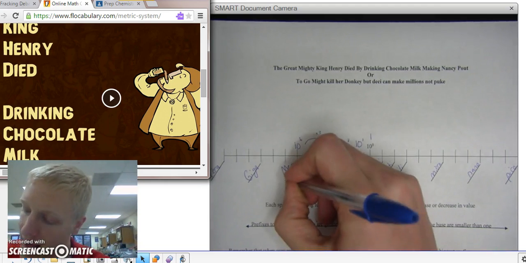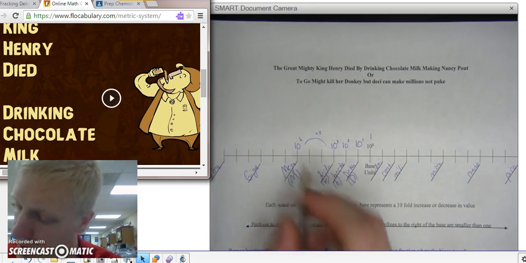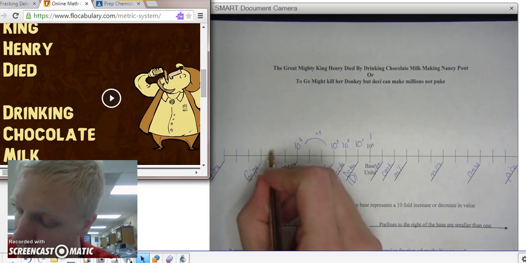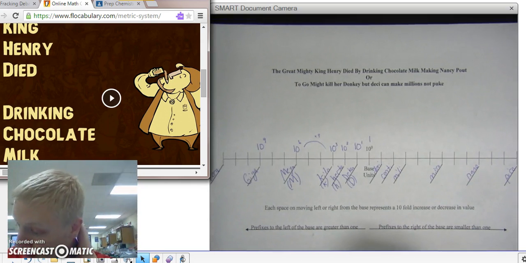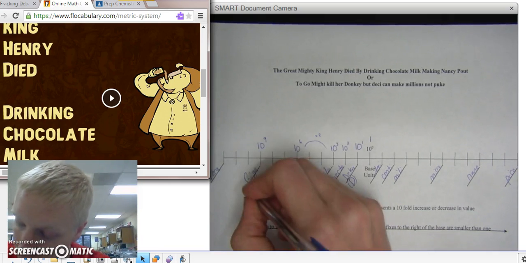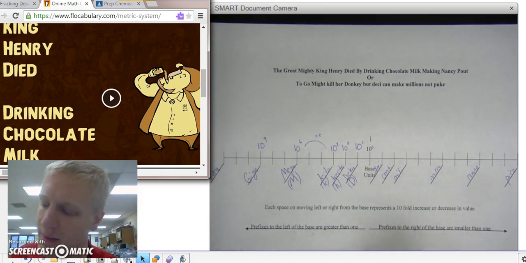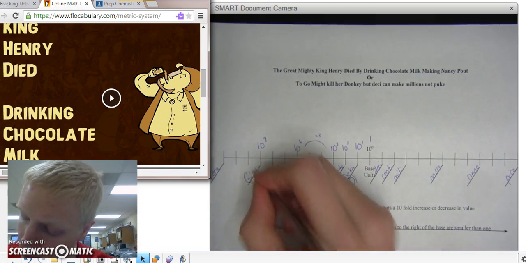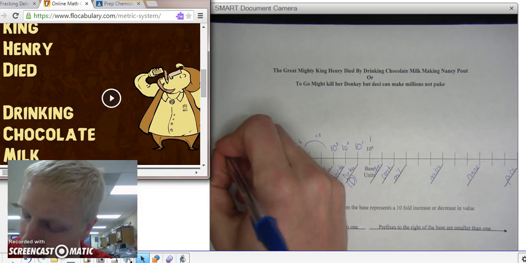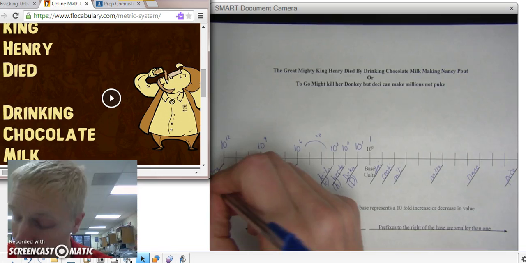And mega is abbreviated by capital M. And then we go 1, 2, 3, 10 to the 9th base units would be equivalent to 1 giga. And you've got to think of kind of computer bytes. Usually it makes more sense, like megabytes, gigabytes, terabytes. We've got capital G. And then we've got 10 to the 12th bytes in 1 terabyte, an extreme, very large amount.